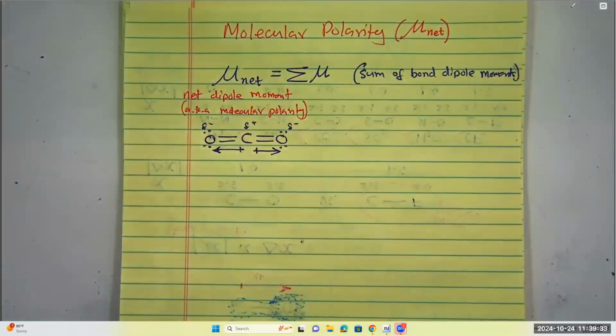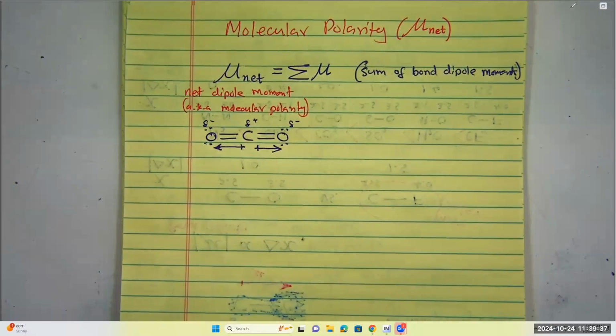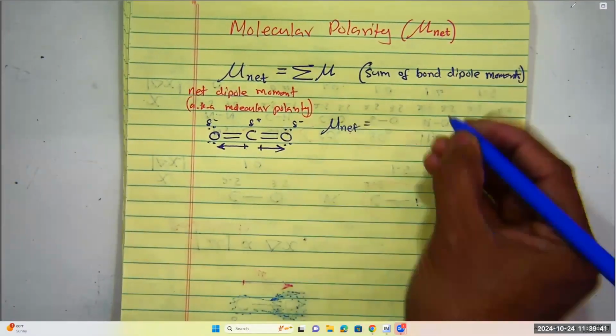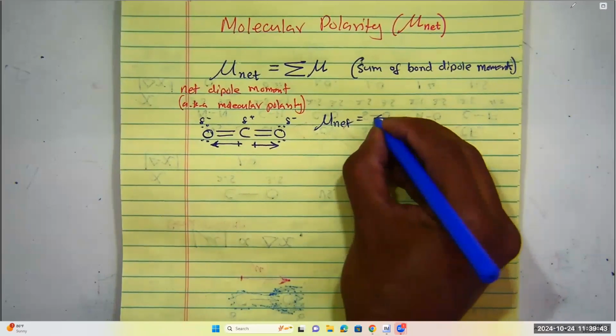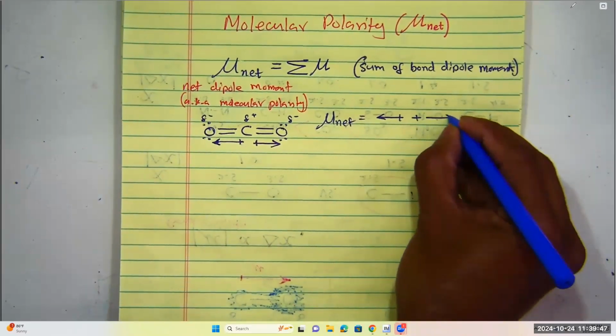These are vectors equal in magnitude but opposite in direction. So let's add them up. Mu net is equal to this vector added to this vector.